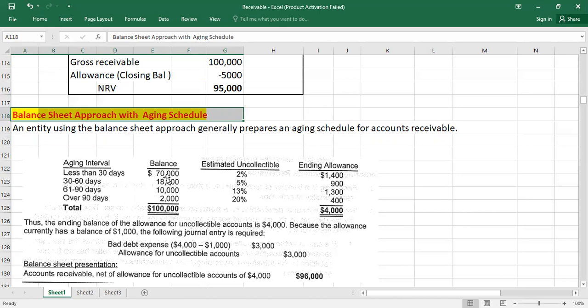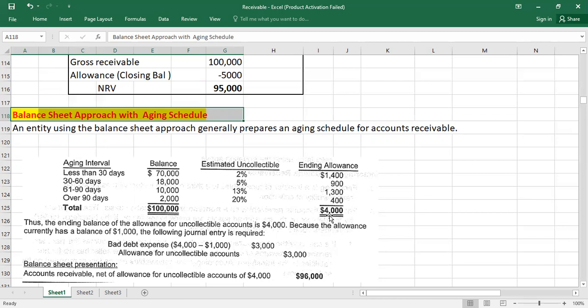Taking 70,000 times 2%, you get an ending allowance of 1,400, because it's a balance sheet approach. 18,000 times 5% gives 900. 10,000 times 13% gives 1,300. 2,000 times 20% gives $400. Summing 1,400 plus 900 plus 1,300 plus 400, this is $4,000 total ending allowance.